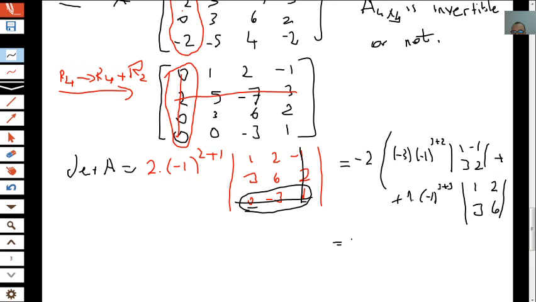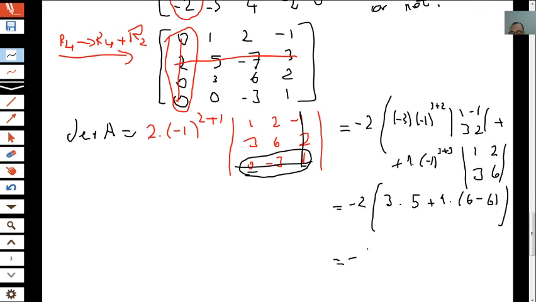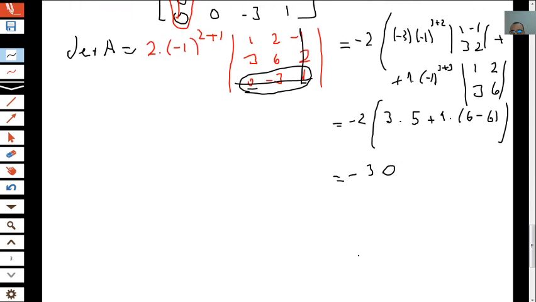And we have minus 2 times the second term becomes 3 times 2 plus 3 becomes 5, plus 1 times 6 minus 6 becomes 0, so we have minus 30 from here, which means that it is not equal to 0.